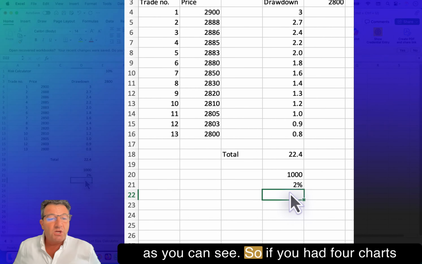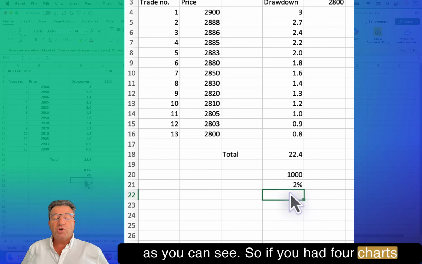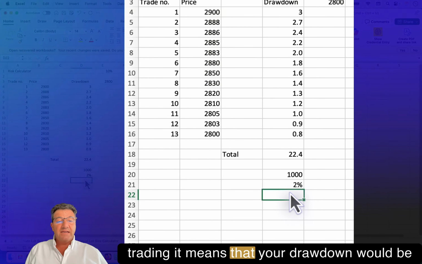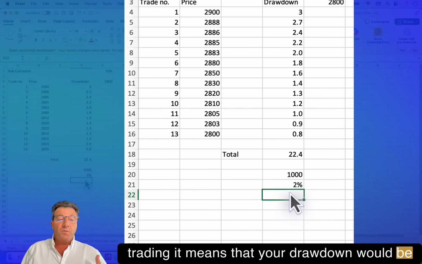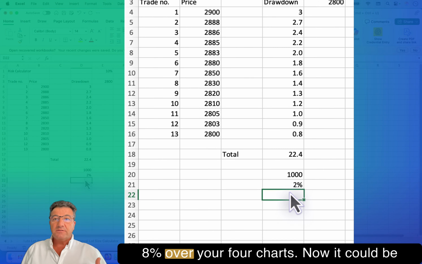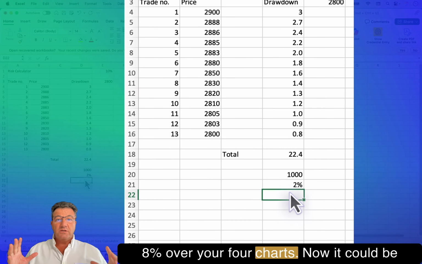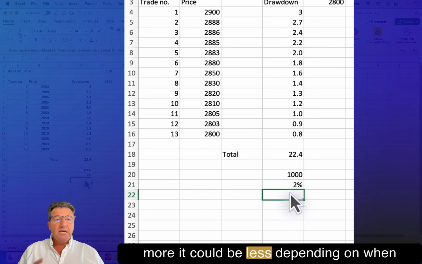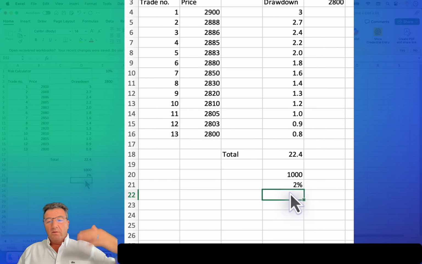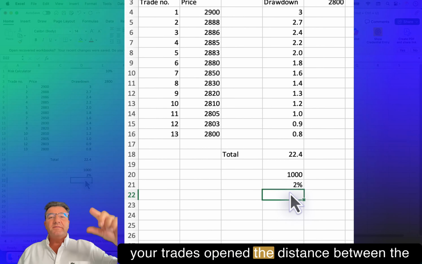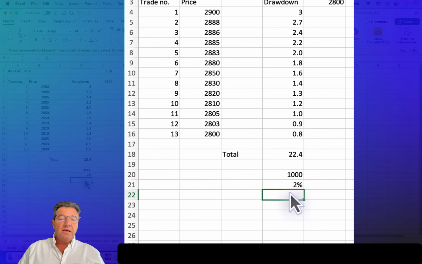Okay, so if you had 4 charts trading, it means that your drawdown would be 8% over your 4 charts. Now, it could be more, it could be less, depending on when your trades opened and the distance between the trades.